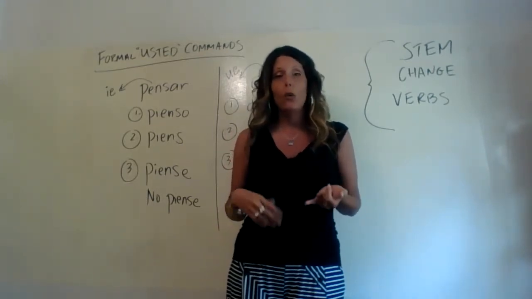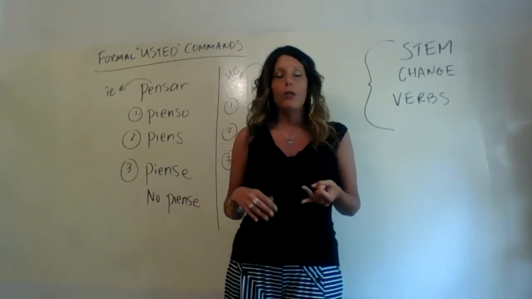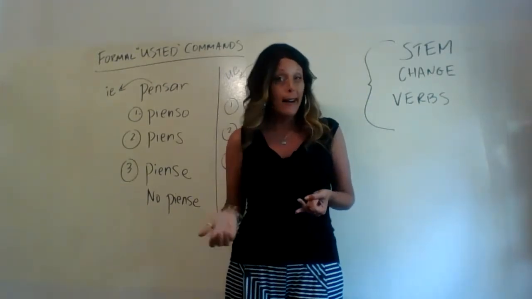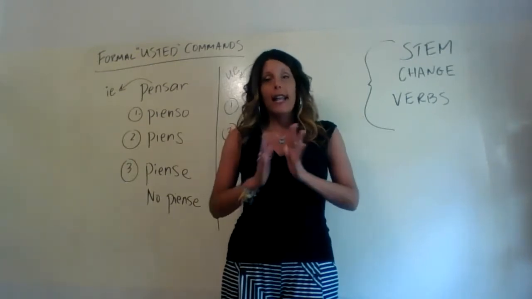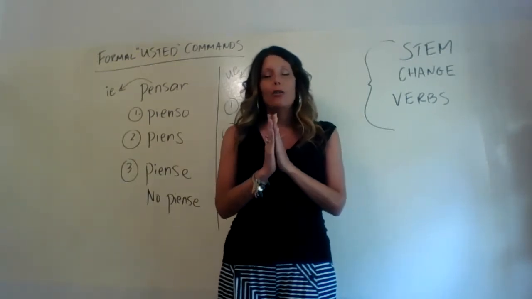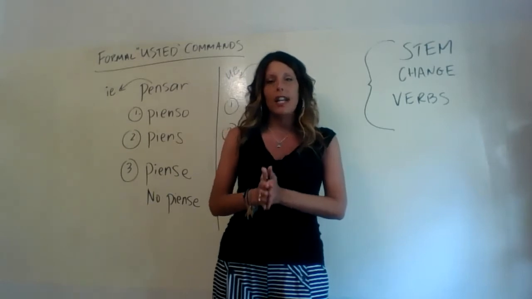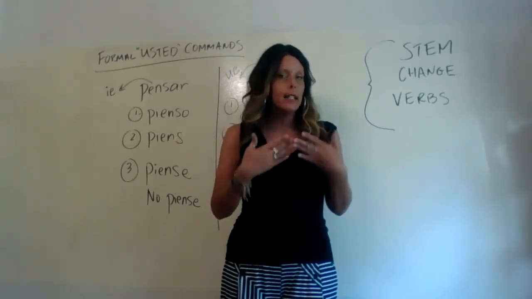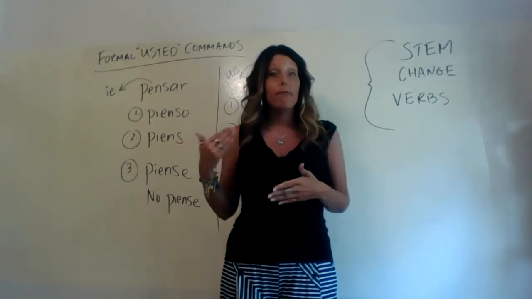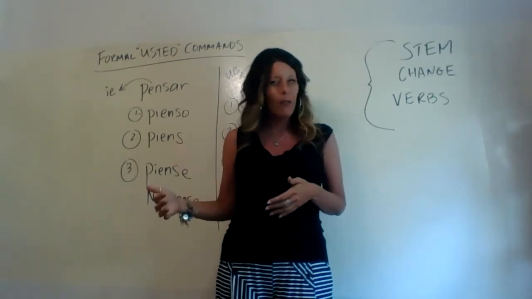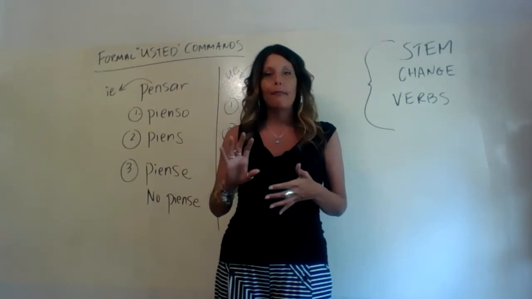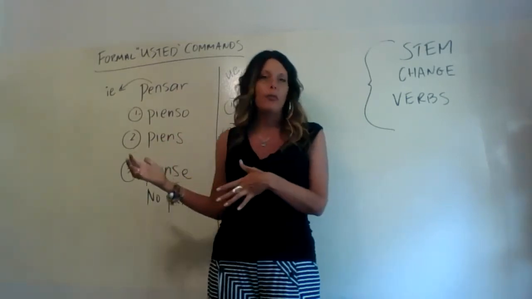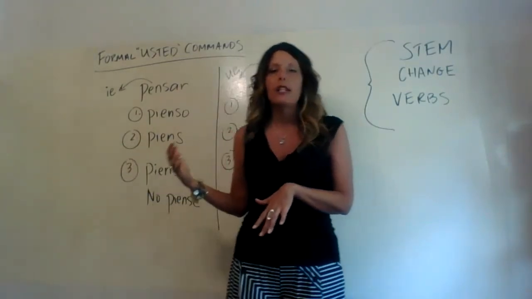We have E to IE. We have O to UE. Those are the two most common. We have E to I. So again, this video is about how to conjugate stem change verbs in formal usted commands, not to be confused with spell change verbs. I know they sound very similar, but they are completely different. You might not see it now, but you absolutely will see it as we progress in other grammar tenses.